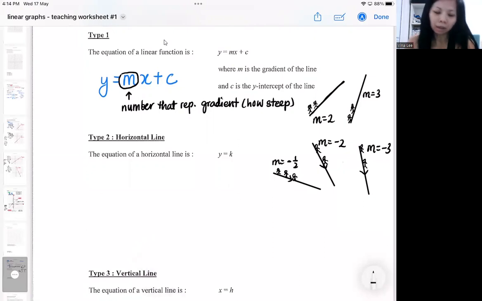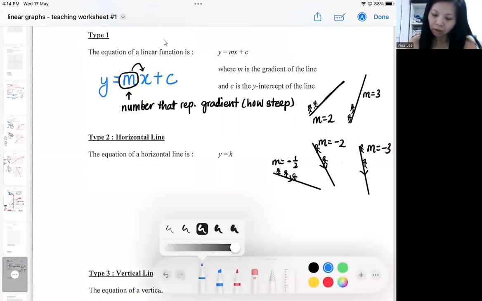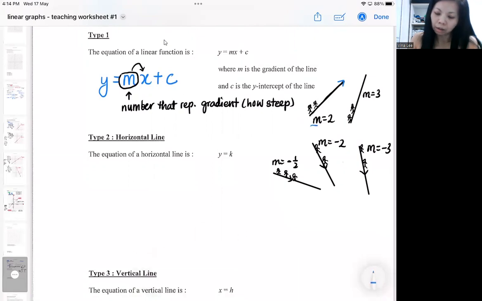So the number that is standing beside x tells us a lot of things. It tells us whether the line will be flying up into the sky. If it's flying up, the number will be positive.